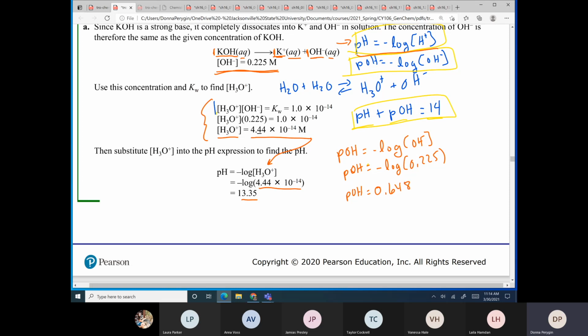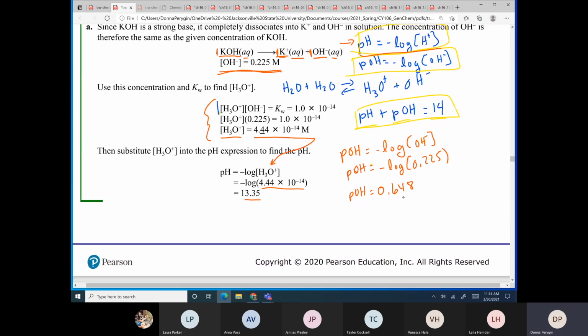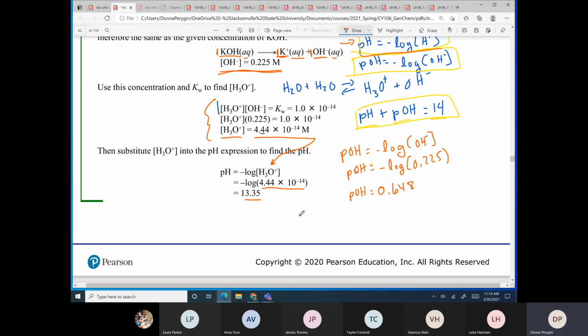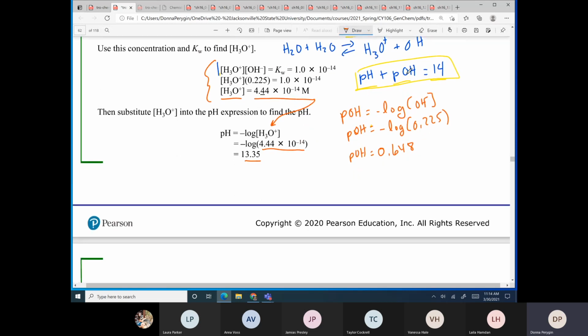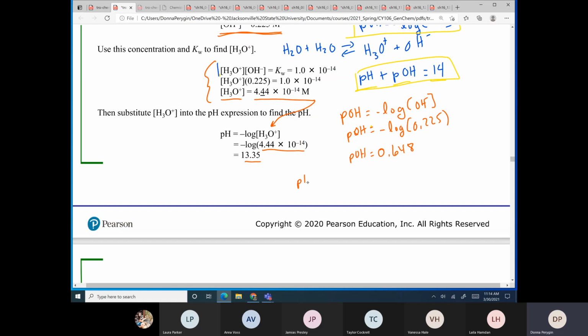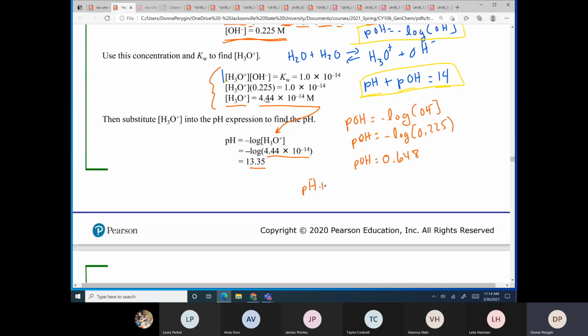Okay, I'll just write that. So this is my significant figure, anyway, so we'll get that in a minute. All right, so the pOH is equal to this. So remember, the pH plus the pOH is equal to 14. Okay, and so if I subtract, so I say pH plus pOH equals 14.